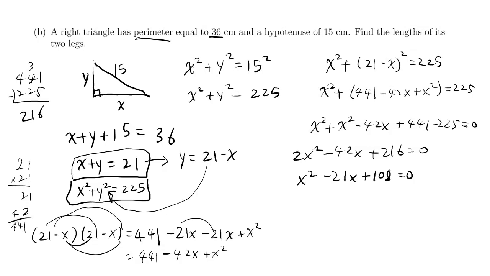Well, 108 is quite a big number and has many factors. So let's think about something. They have to add up to 21, and the two numbers have to be negatives. So you need something relatively small that multiplies to 108.